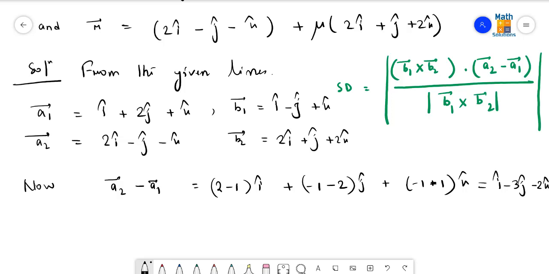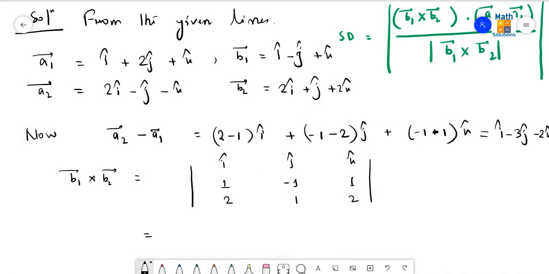Similarly, for vector b1 cross vector b2, what could be obtained? i cap, j cap, k cap; here it is 1, minus 1, 1, then 2, 1, 2. So the cross product can be evaluated in this way. For i cap it will be minus 2 minus 1, i cap.